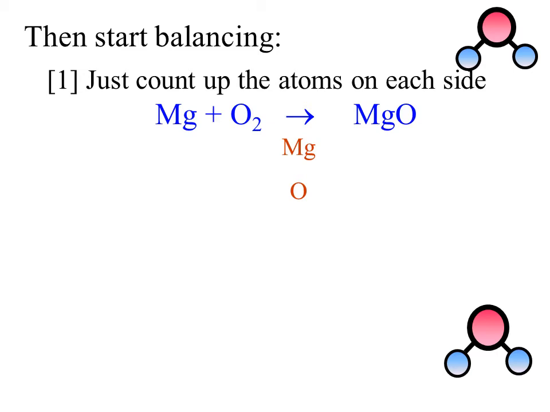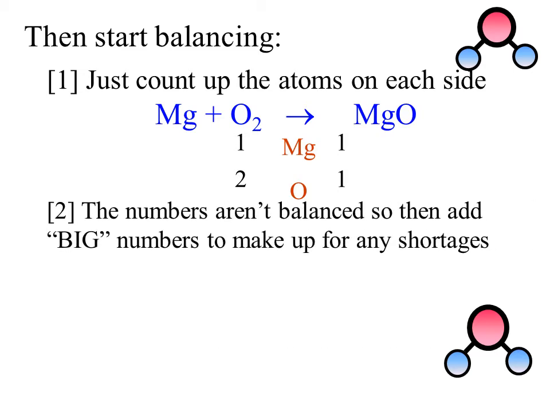So on the left side here, I have 1 magnesium. On the right side here, I have 1 magnesium. On the left side here, I have 2 O's. On the right side, I have 1 O. So right now we don't have a balanced equation. So we want to balance it. And the way we do that is we add those big numbers to make up for any shortages.